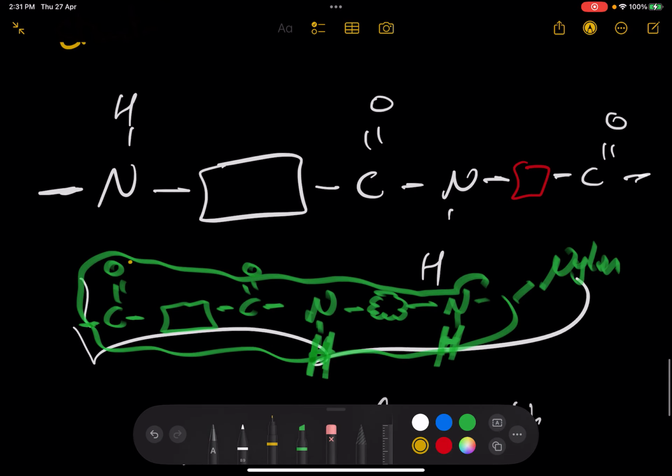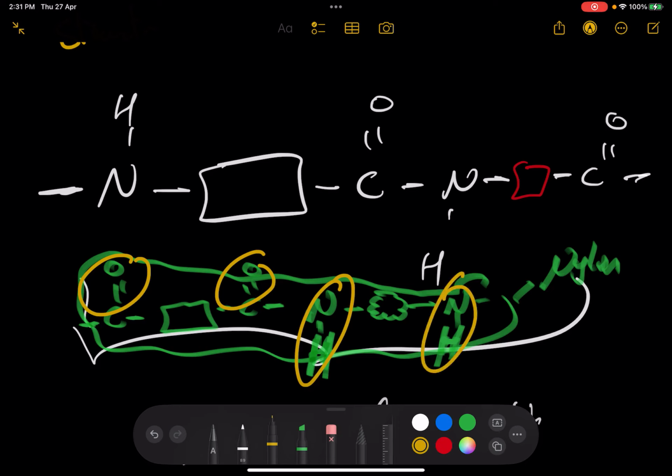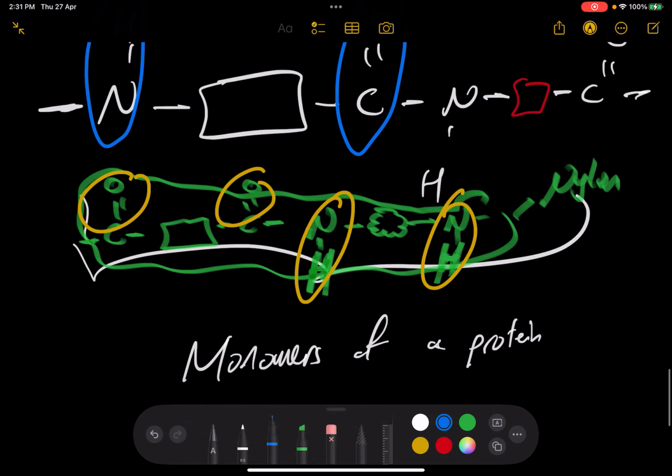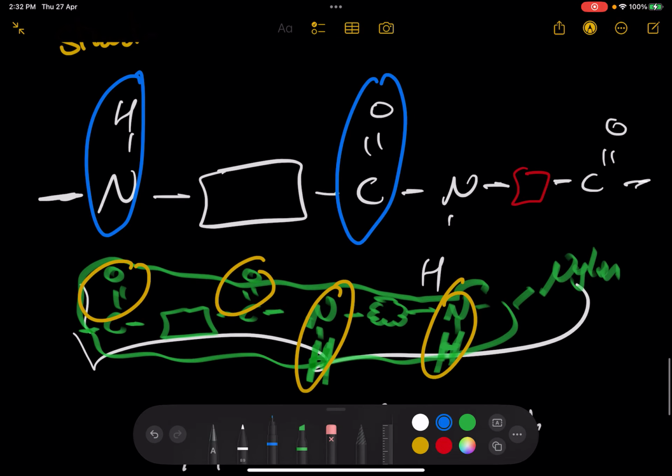Here we have two double bonds, carbon and nitrogen, but here it's quite different. We've got one amine and one acid in each monomer. In nylon, we had two acids or two amines, but in the protein, we have one amine and one acid.